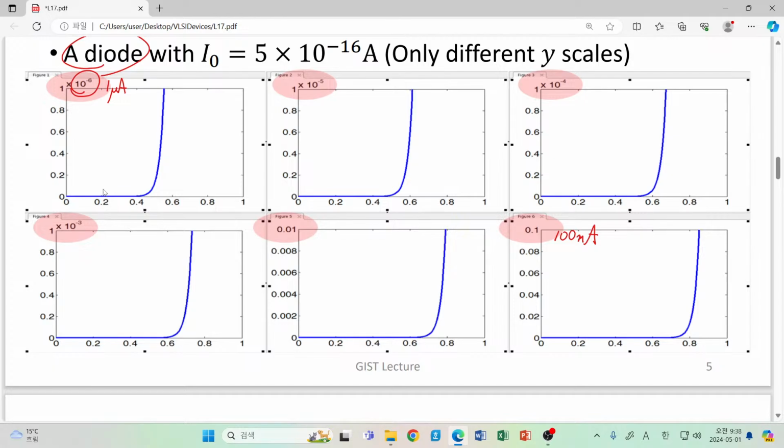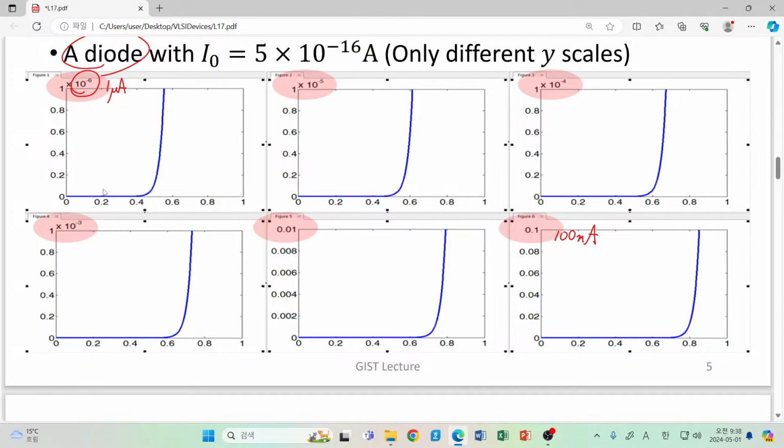If I delete all the numbers attached to the y-axis and x-axis, can you recognize any difference? No one can recognize the difference.